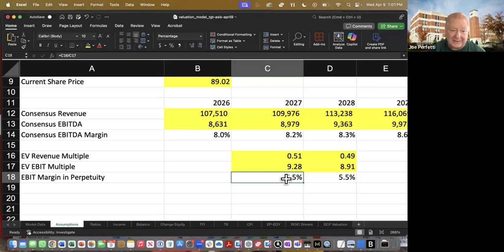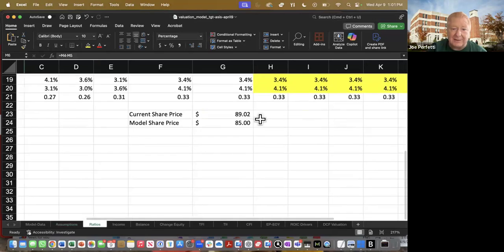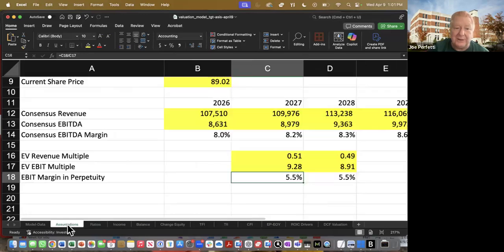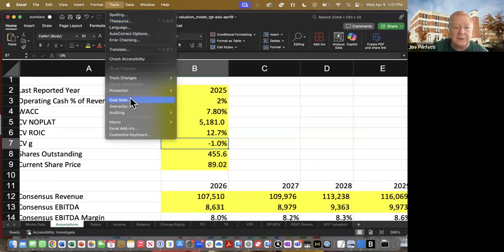Now, when we made all these changes, the model now says we're at 85 and Target's at 89. Now we resolve for the G. So I go back to my G and I goal seek my G. So tools, goal seek.